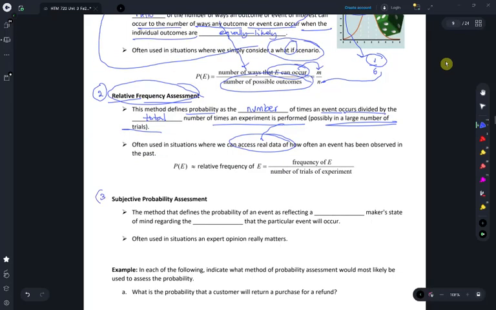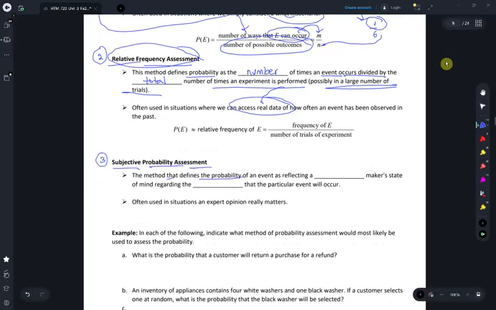Then third, we have the subjective probability assessment method, which defines probability as reflecting a decision maker's state of mind. The decision maker is usually an expert. So it could be an expert's state of mind regarding the chances that the particular event will occur.